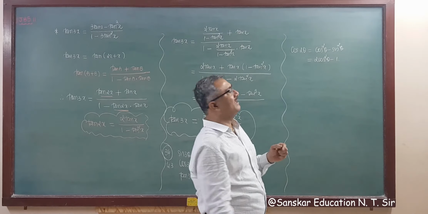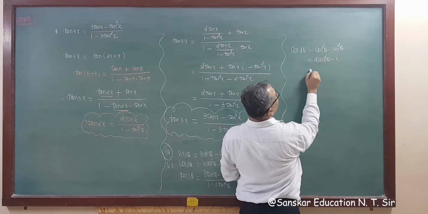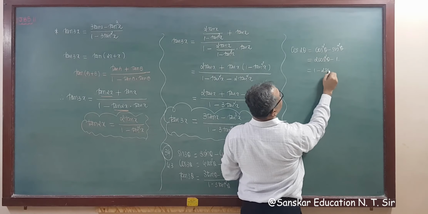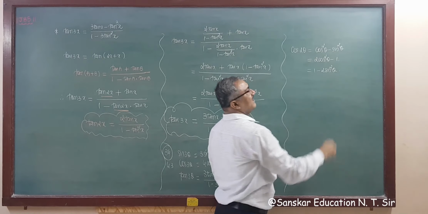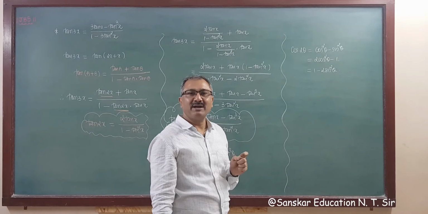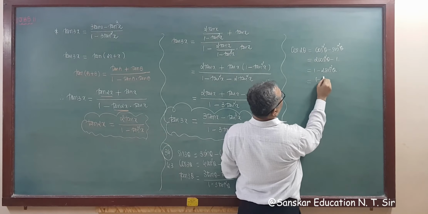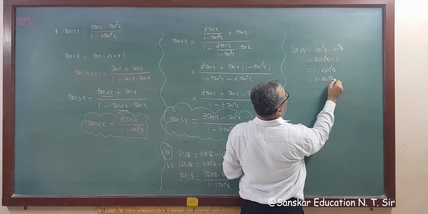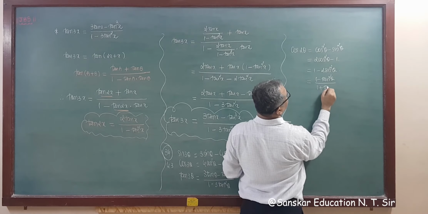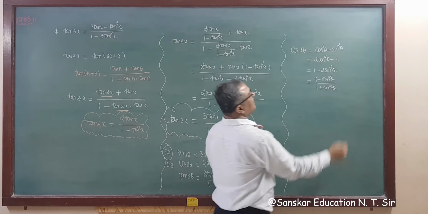In terms of sine, we have to change this, so 1 minus 2 sin square theta. And in terms of tan, 1 minus tan square theta upon 1 plus tan square theta.